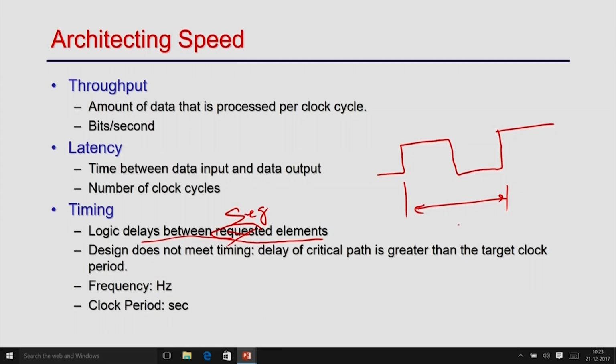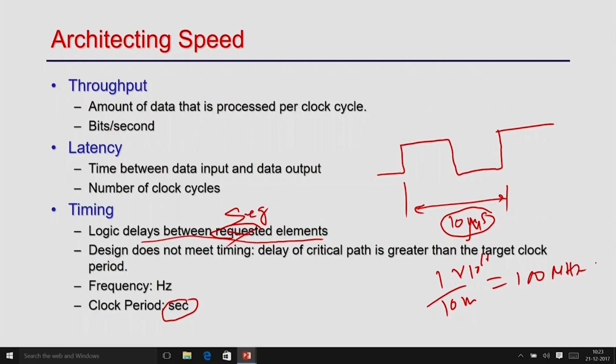Suppose your delay is 10 microseconds. Then your clock period is 10 microseconds, and the frequency is 1 by the clock period, which gives 100 kilohertz... sorry, this is in microseconds, so with the delay in the order of 10 to the power minus 6 seconds we get 100 megahertz.